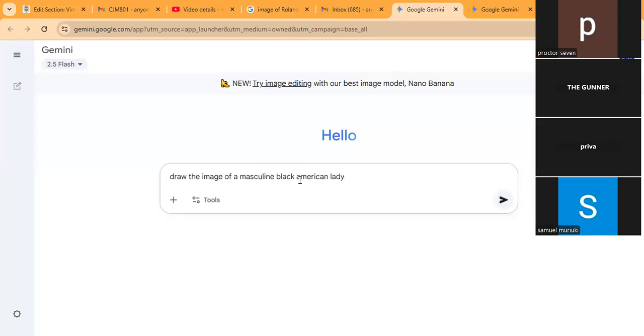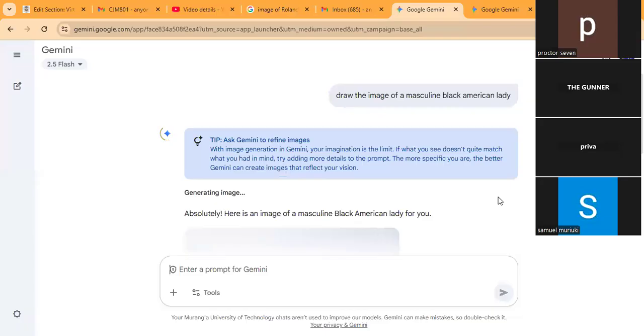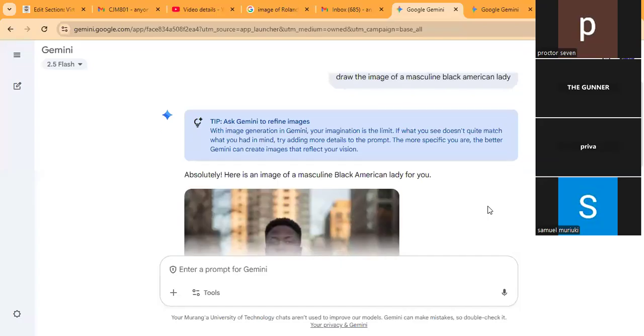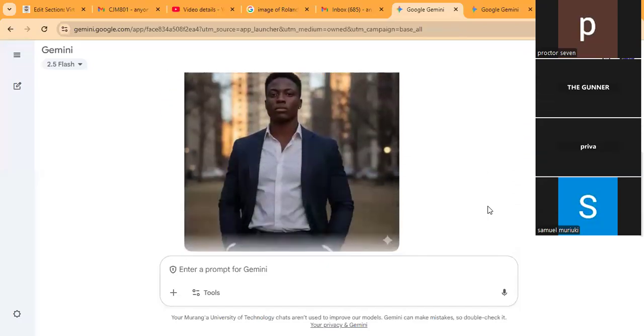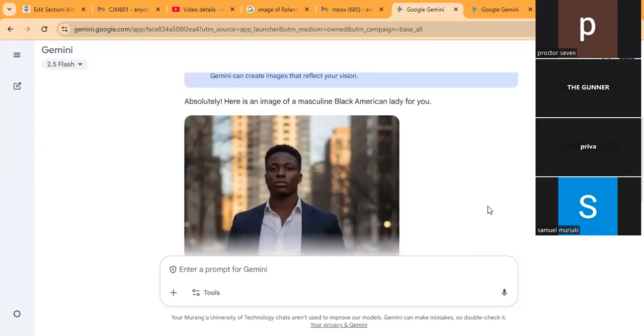Then you do that. Here is an image of a masculine black American lady. So you people are now telling me that AI cannot take careers? Where is the artist now? You see? It has come up with this.